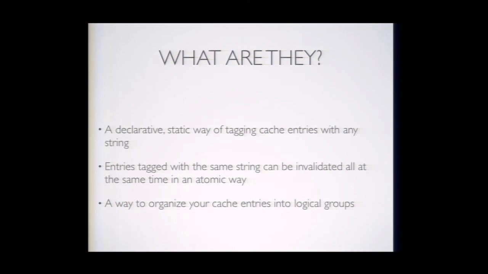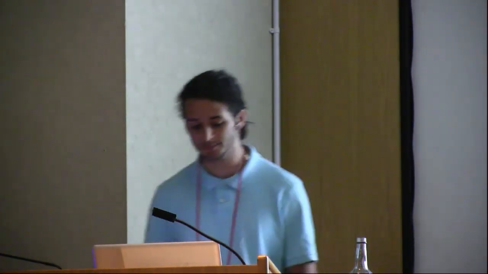So what are they? It's basically a declarative, static way of tagging all your cache entries with any string. I don't know if you ever wanted to say, all these cache entries here belong only to posts, those belong to comments, those belong to users, those belong to both users and comments, and I should have some way of simply saying everything that belongs to users and everything that belongs to comments at the same time should disappear from cache atomically.